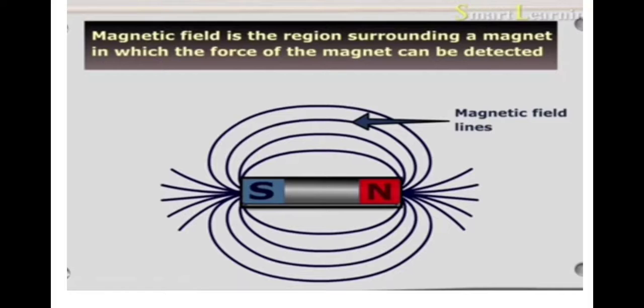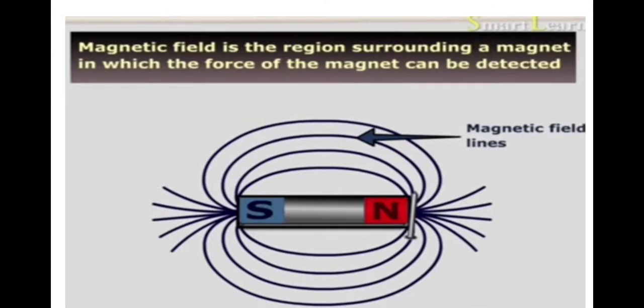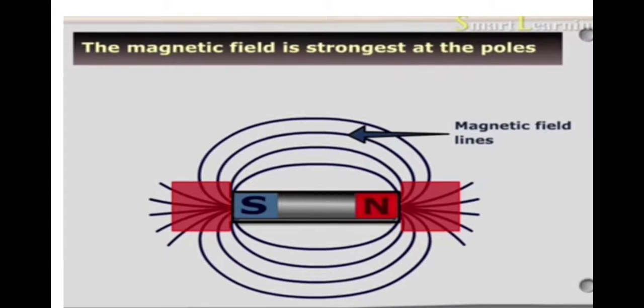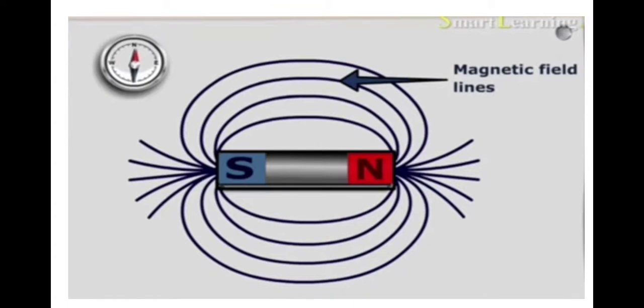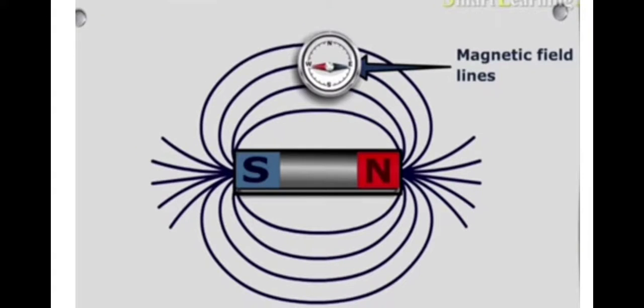They are close together at the two poles of the bar magnet, so the magnetic field is strongest at the poles. Please observe the deflection in the compass needle as you move it along a field line. The deflection increases as the needle is moved toward the pole.